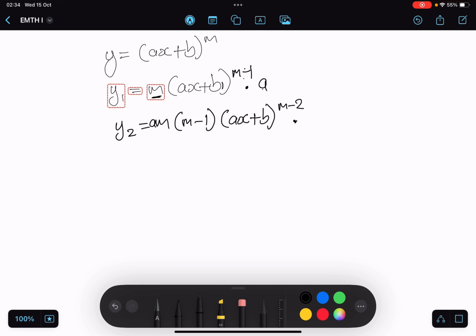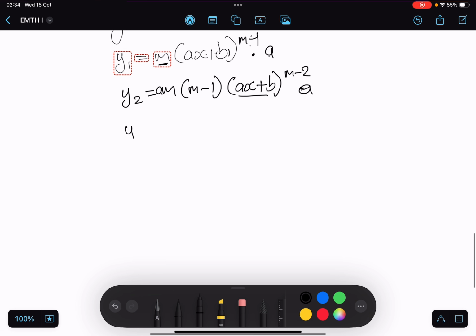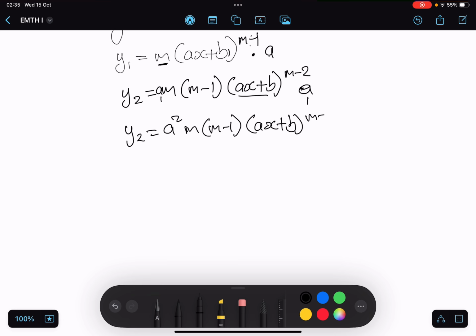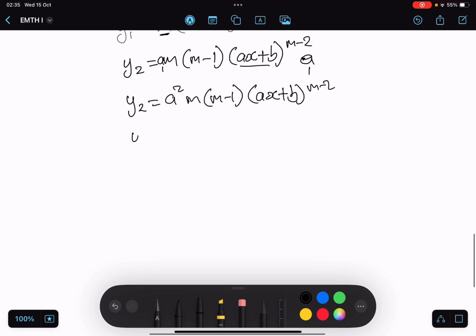And then times the first derivative of what is inside here, which is a again. So y₂ will simplify to a² m(m − 1)(ax + b)^(m−2). And then if you find the third derivative for this one, you do the same thing.